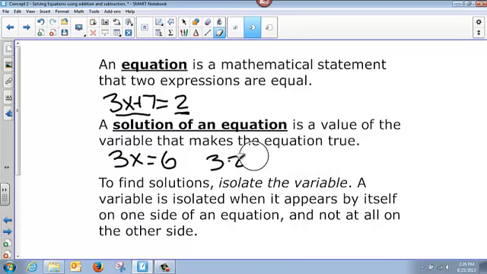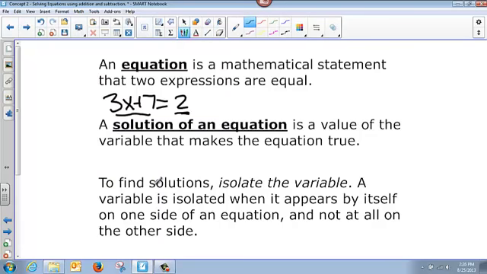Now, to find solutions, we isolate variables. And what we mean by isolate variables is this. We mean that the variable is going to appear by itself on one side of an equation and not at all on the other side.